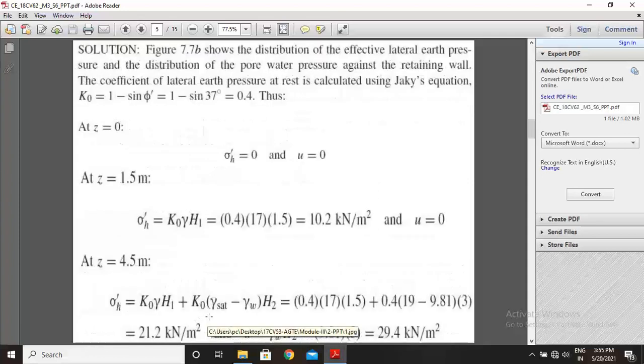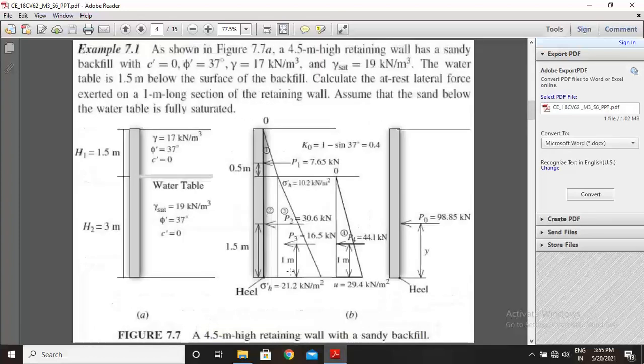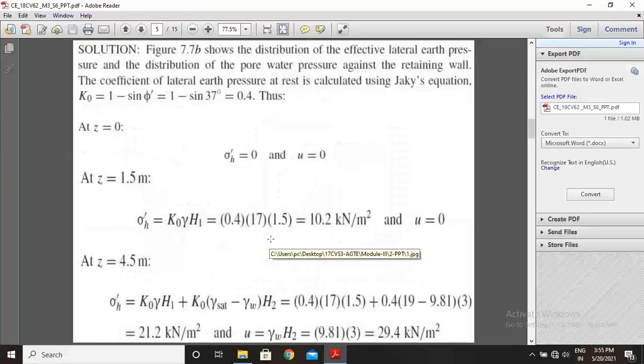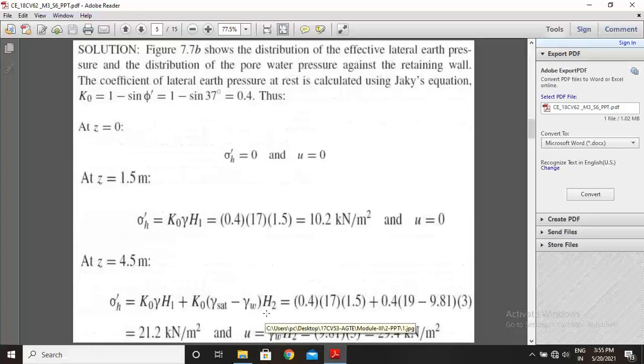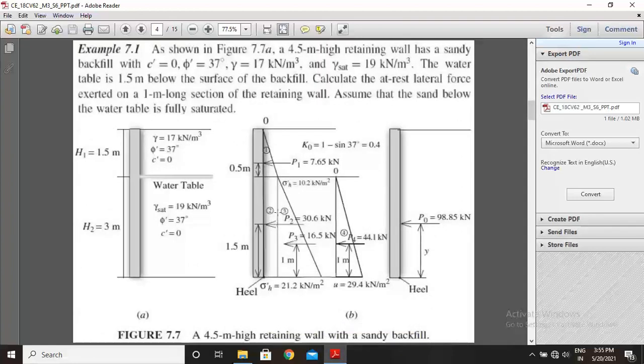See here, for this P1 into perpendicular distance, so that is 3 plus, at a 0.5 meter depth we are considering, that is moment, plus P2 into perpendicular distance, means half of the CG, that is 1.5 by 2.